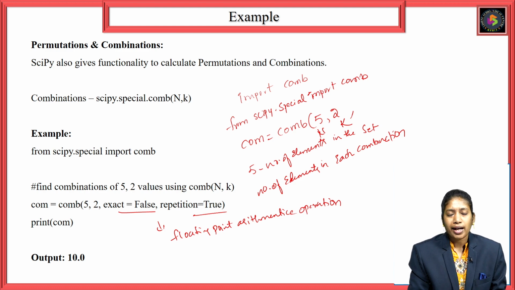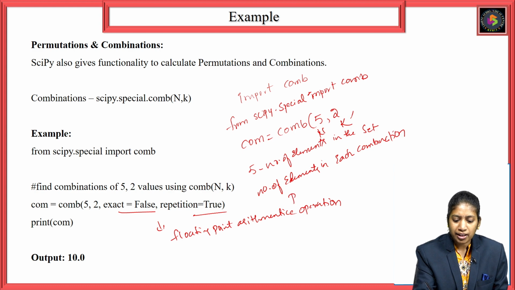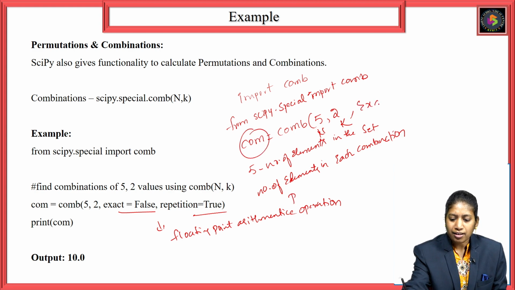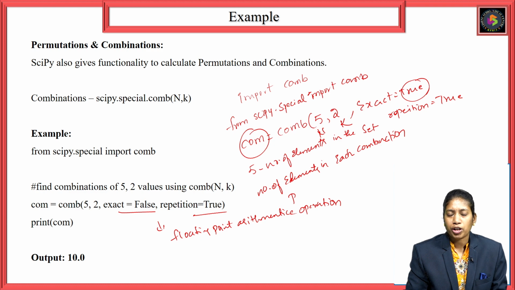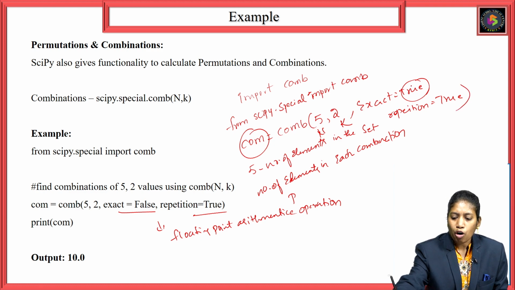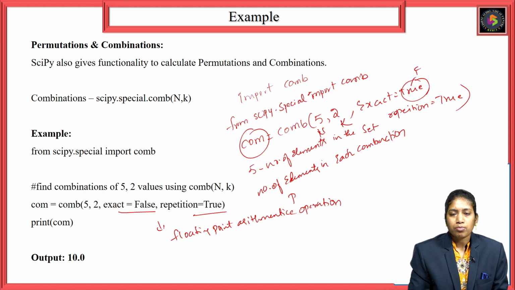So if we want any repeated element in our combination choices, we have to mention that repetition equals true. These arguments are optional. Exact equals true means it doesn't use floating point operations. If it is false, then it allows the floating point operation.